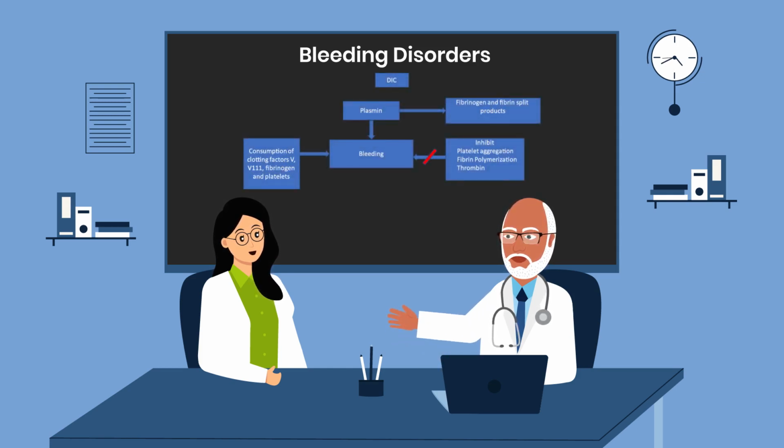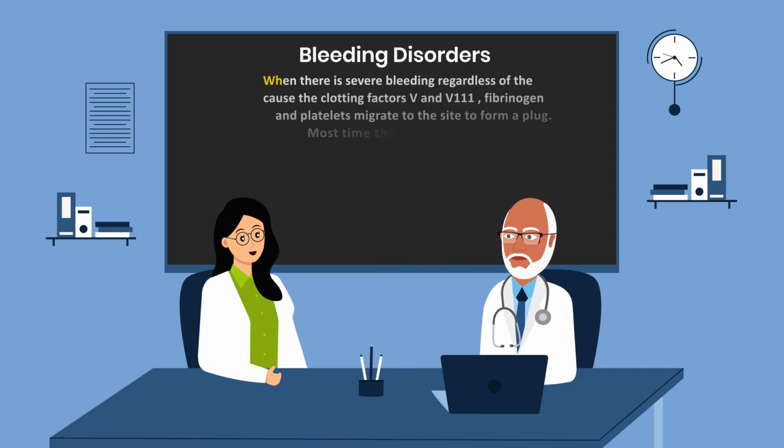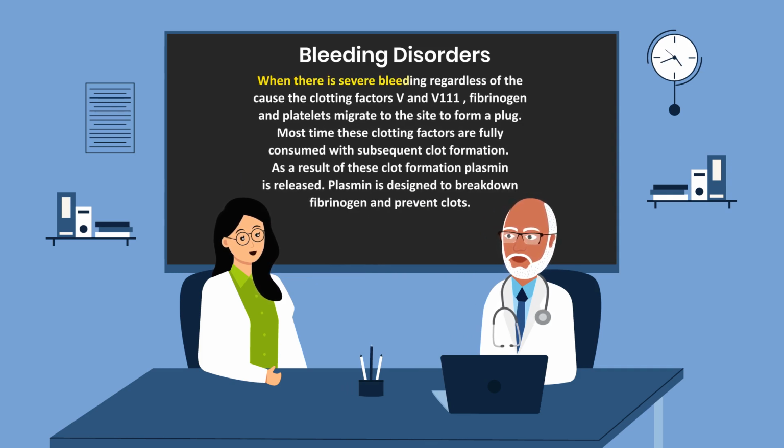Here's a schematic of DIC. When there is severe bleeding, regardless of the cause, the clotting factors 5 and 8, fibrinogen, and platelets migrate to the site to form a plug. Most times, these clotting factors are fully consumed with subsequent clot formation.